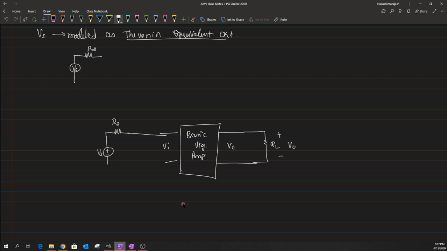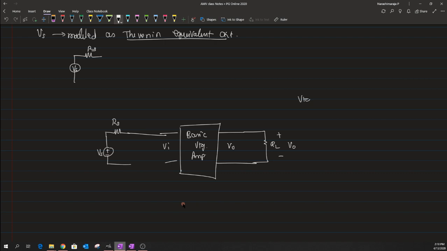Now we need a feedback circuit that samples the voltage at the output and mixes this feedback signal Vf, as a voltage, in series with this Vi. Let us begin with the discussion of voltage sampling.